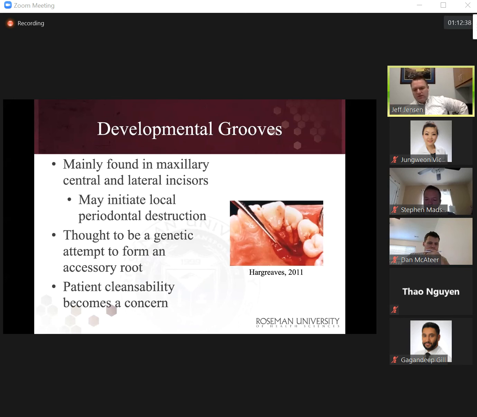If this starts to have a problem, it can be difficult to really control it. Now, I don't think they lose these 100% of the time and they're losing teeth, but it's just something to remember that as you're doing the exam and you see a groove, if it's a little deeper probing, then hey, we've got to really focus on this and keep this clean. Does that answer your question? Yeah, it does.